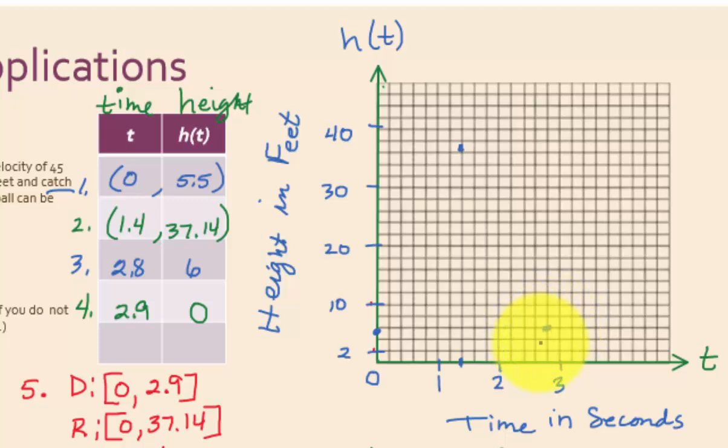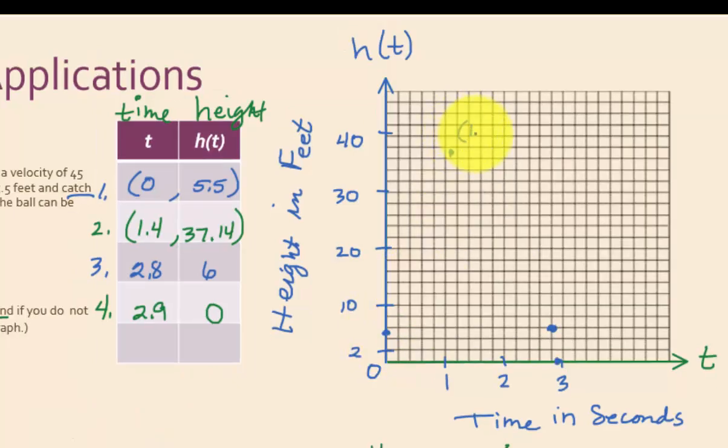And finally 2.9, 0. So just before 3. Now you can see the maximum point of our parabola and how it's opening upside down, and that's all because our lead coefficient, remember, was a negative number. So let's connect our ordered pairs and we'll see the parabola. Might be a good idea to label that vertex point of 1.4, 37.14, and then connect those ordered pairs.